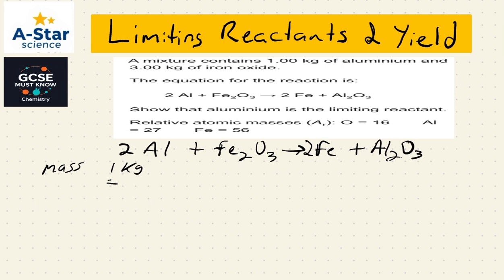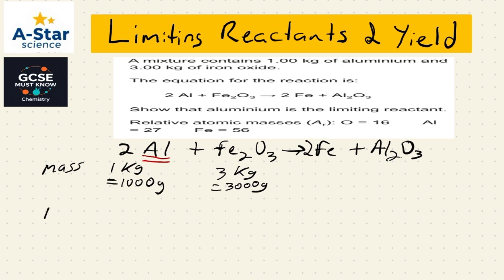And we're going to convert that right into grams, because when we're working with moles, we want to use grams as our unit. They're giving you 3 kilograms of iron oxide, and of course, that's 3,000 grams. It gives the equation, and then it says show that aluminum, this one here, is the limiting reactant.